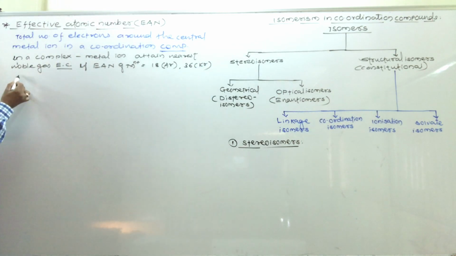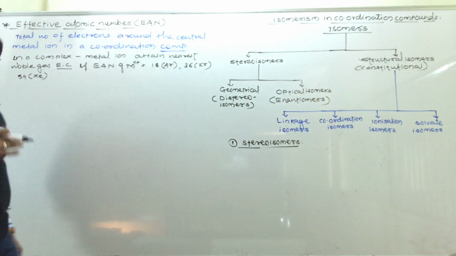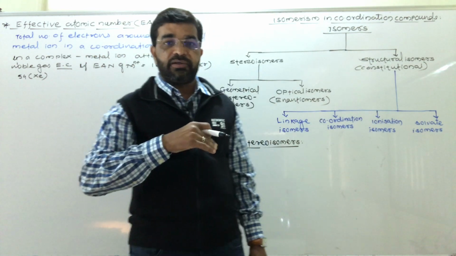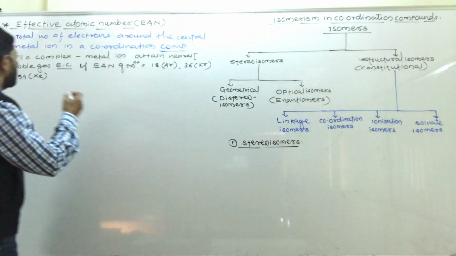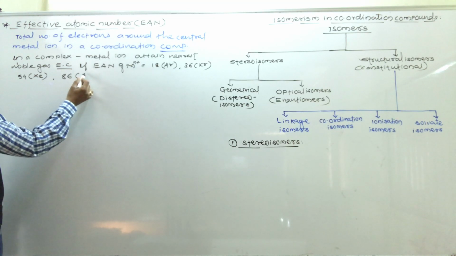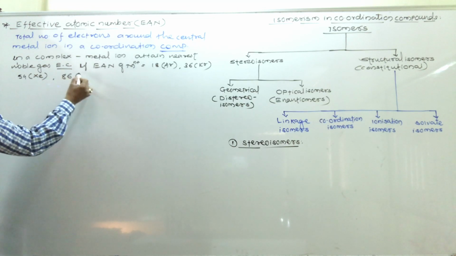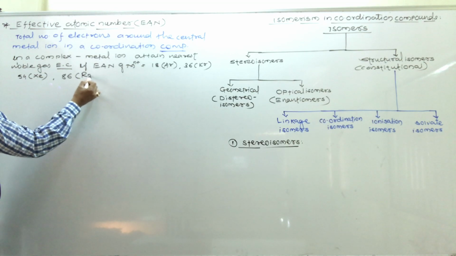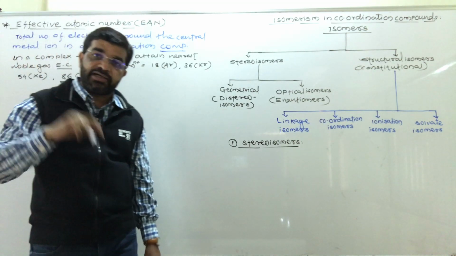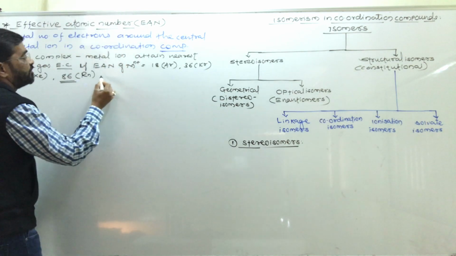If the effective atomic number is 54, the electronic configuration is like that of xenon, or if it is like that of radon, then its effective atomic number will be 86.